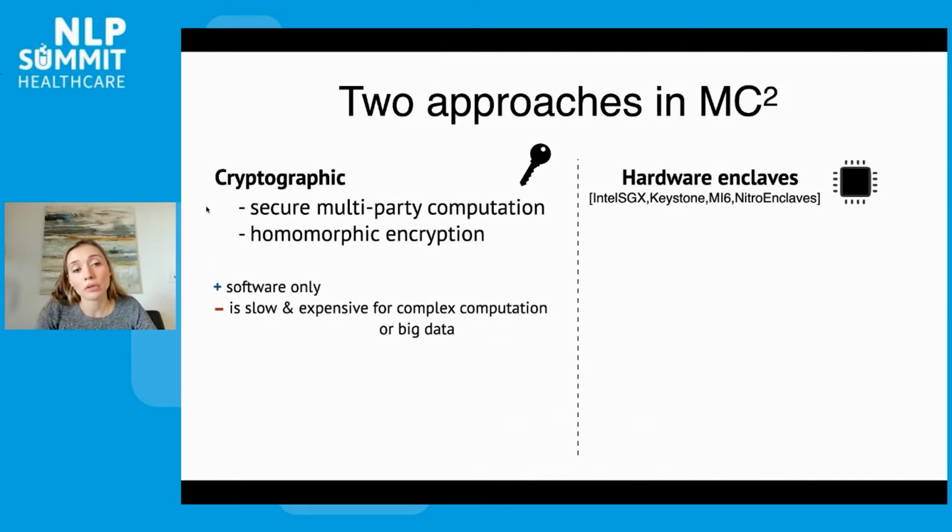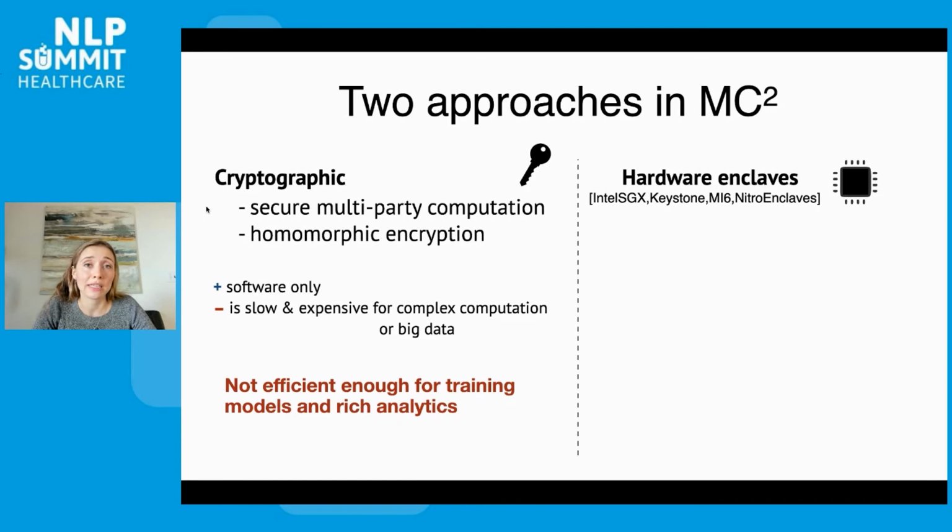The cryptographic approach is nice because it's software only and you don't need specialized hardware. But unfortunately, it's very slow and expensive for complex computation or big data. This is a huge limitation, and at this moment, it is not efficient enough to run realistic training of common training algorithms on sensitive data in real world applications.